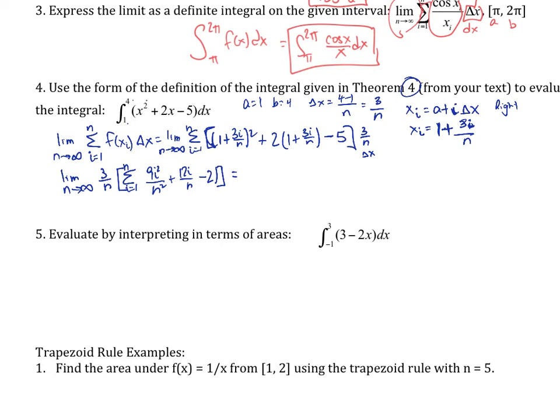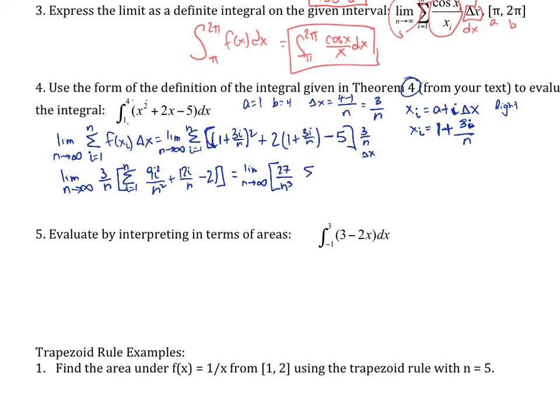And this ends up equaling, now look at what's happening here. It's going to be the limit as n goes to infinity. Now, I'm going to take 27 over n cubed out. That's what I'm choosing to factor out of this.